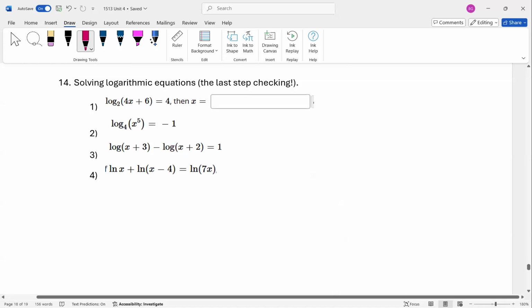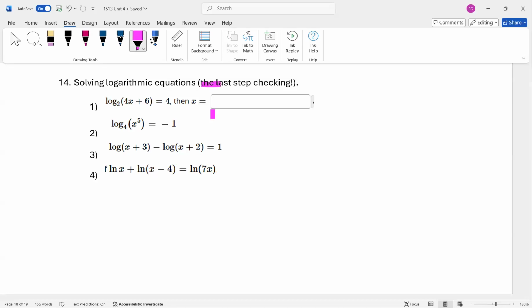Let's see the time. Okay, we have 40 minutes. Another 40 minutes is a perfect time. For the rest of the class, the other half of the time, we're going to cover solving logarithmic equations. A very important thing: it is a requirement to double check your proposed solution when we solve a logarithmic equation.